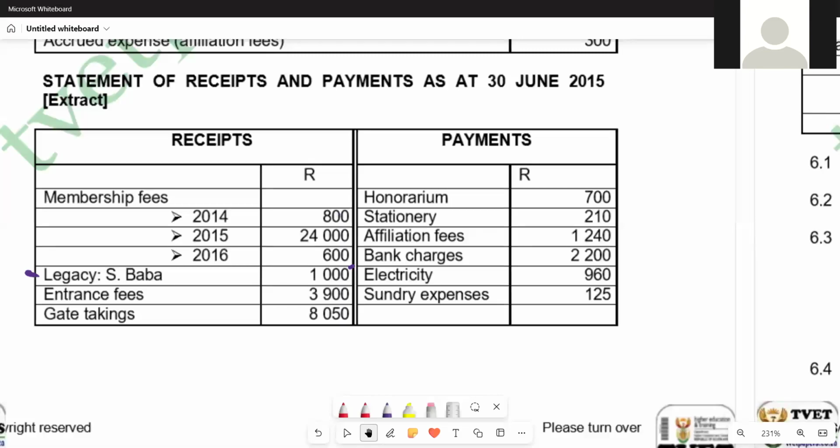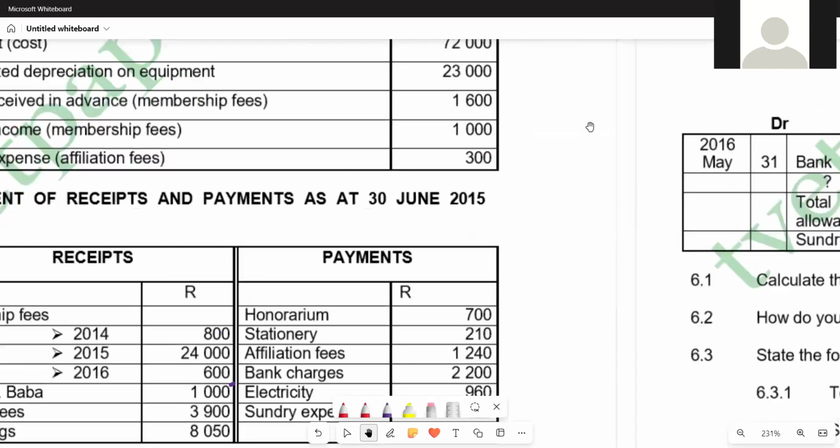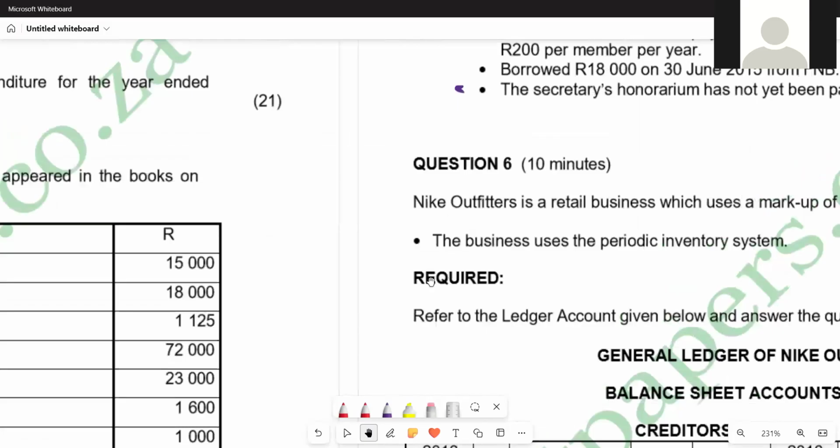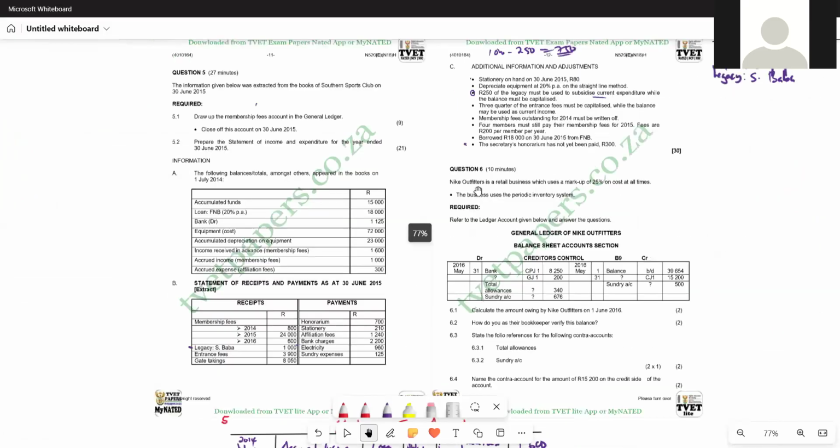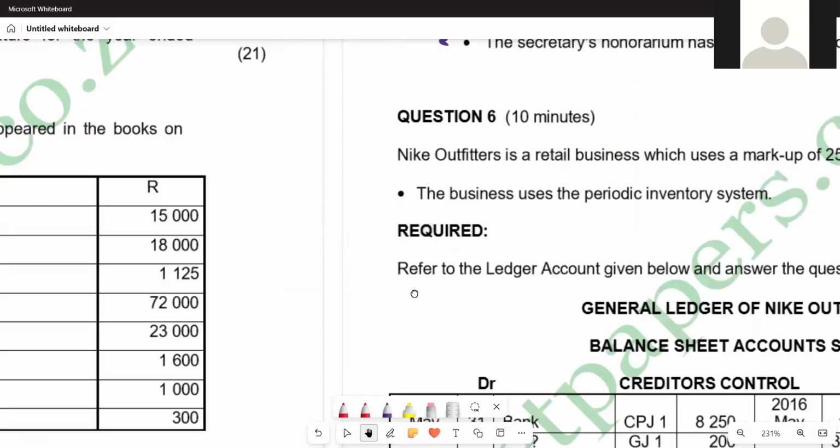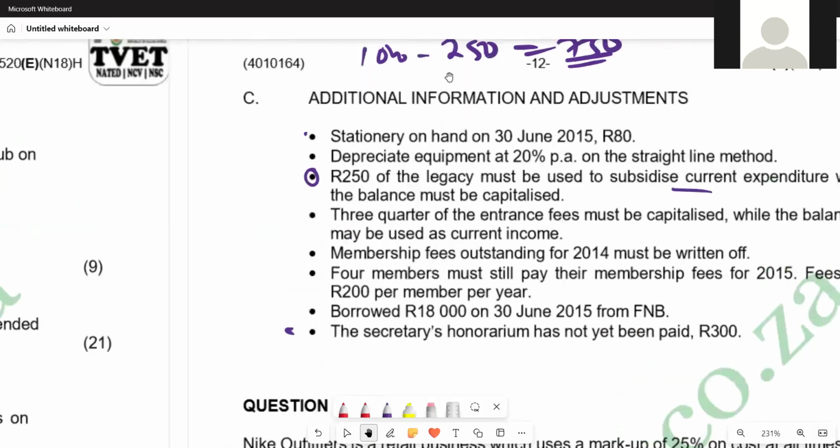So we go and check all the additional information, if you have got anything that is affecting our entrance fees. So you can go through all the points and try to see if you've got anything that is affecting our entrance fees.